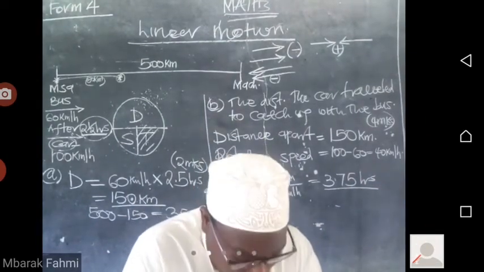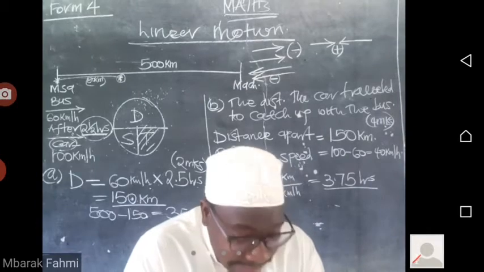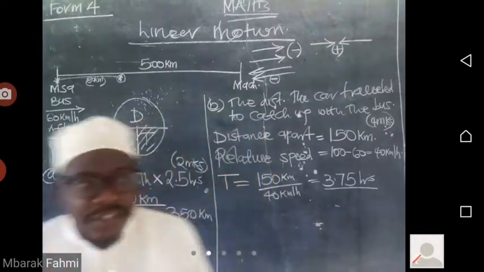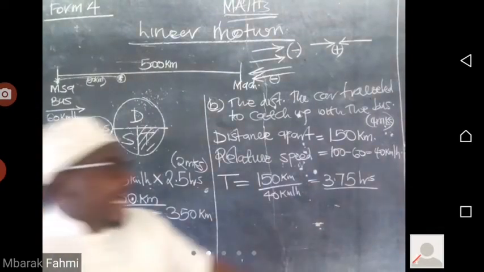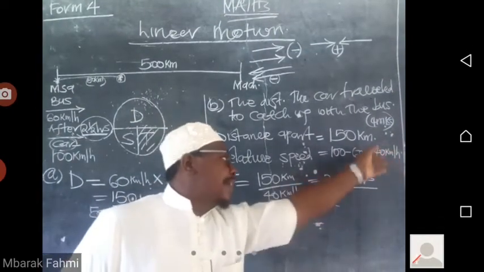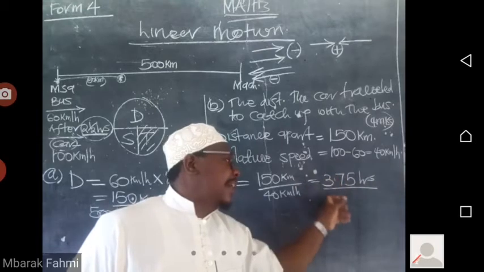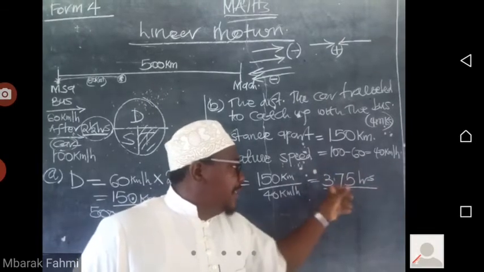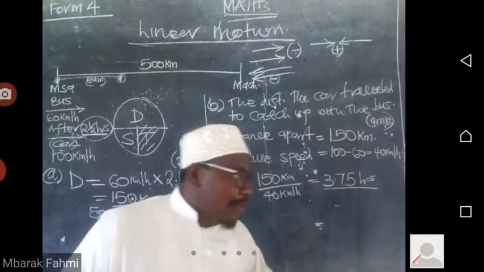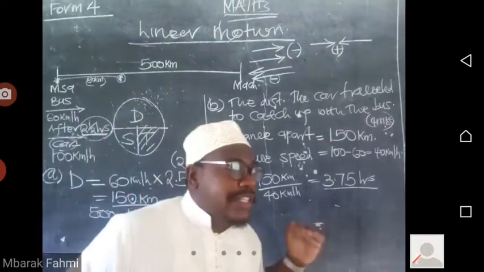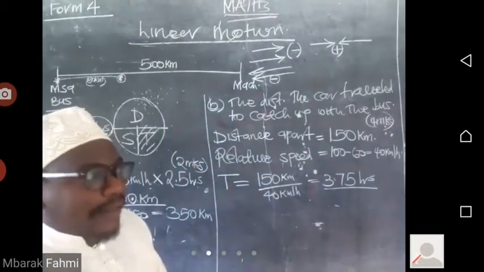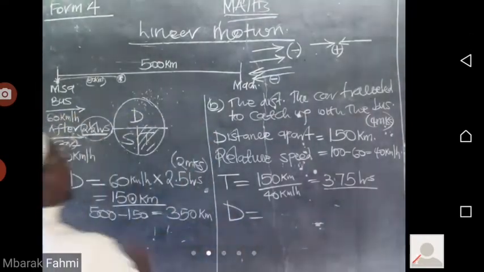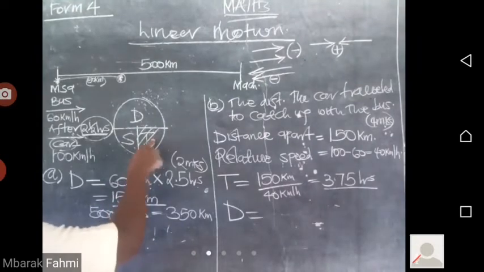So the question asks for the distance the car traveled to catch up with the bus. We are not asked for the time, but what we have calculated is the time it will take for the car to catch up with the bus. If it will take 3.75 hours, then what distance will it have covered by then? Distance is equal to speed times time.